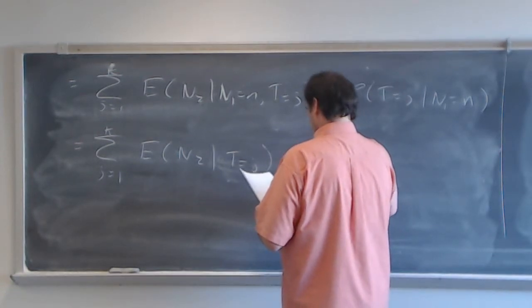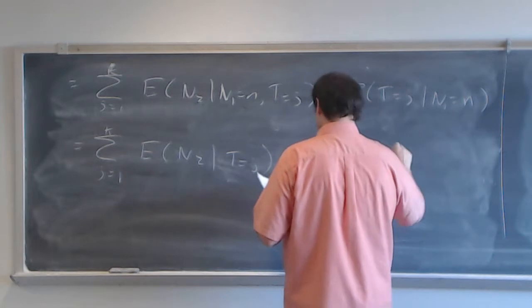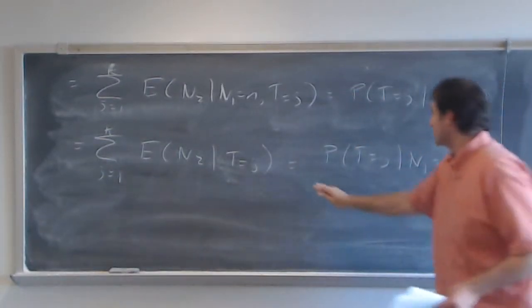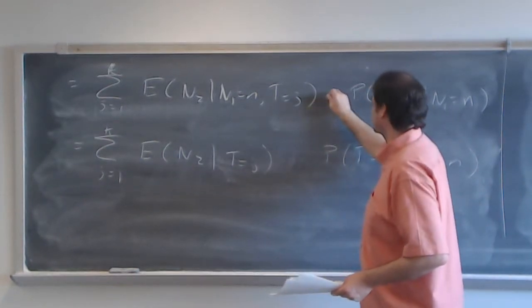So it is the probability that T is equal to J given N sub 1 equals little n. This should be times.